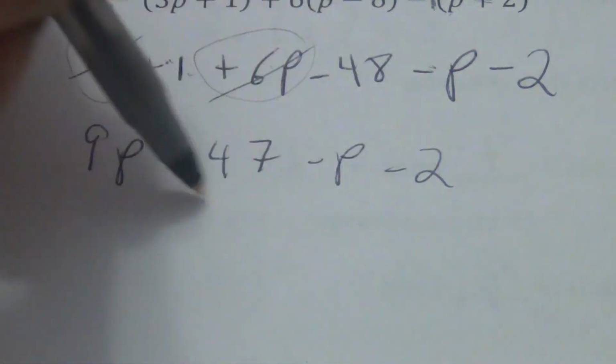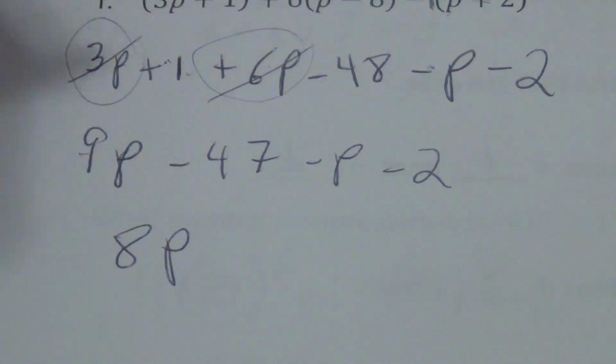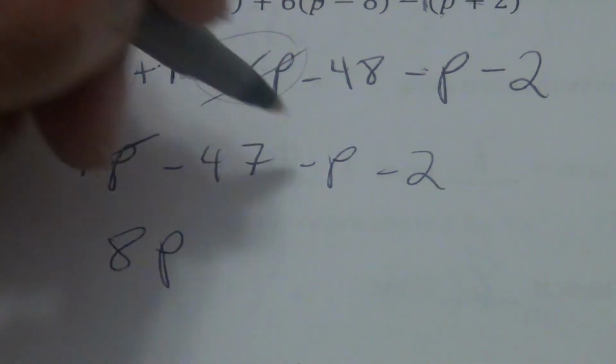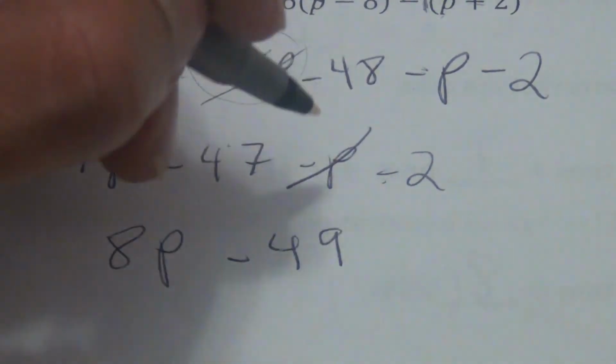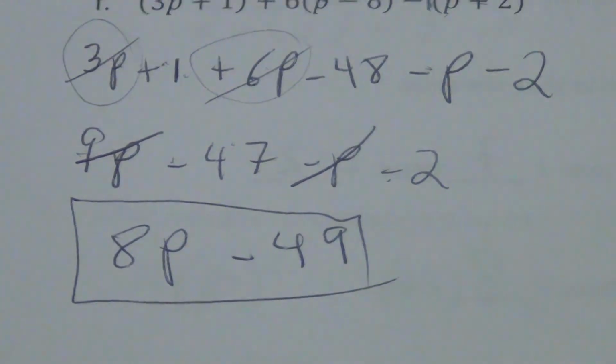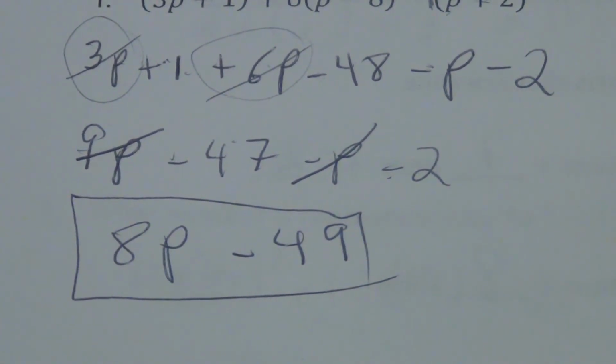So I'm going to correct my mistake right here. 9p minus 1p is 8p. So boom, boom. And negative 47 minus 2 is negative 49. Boom. Got it, right? Okay. So now, let us move on.